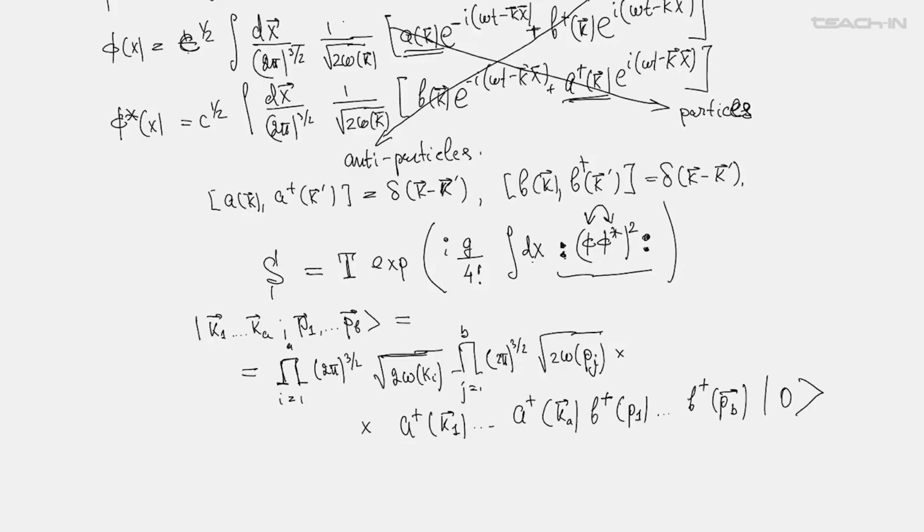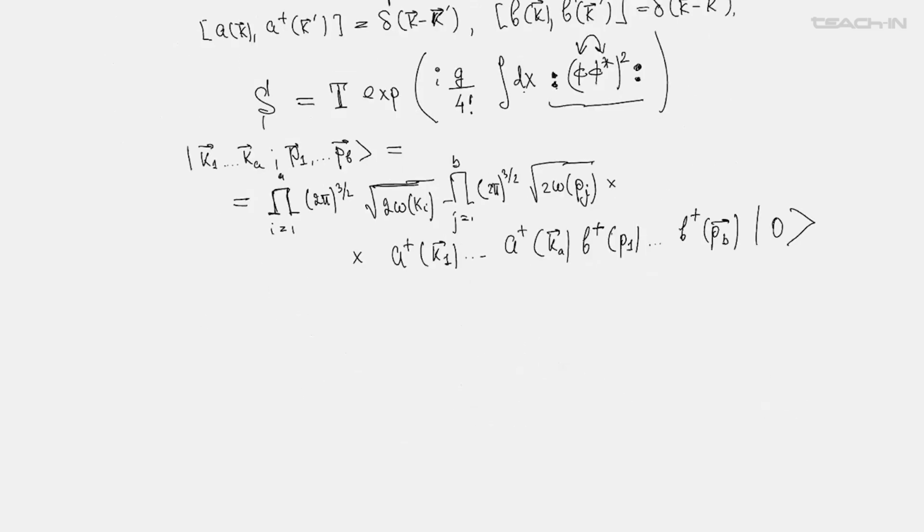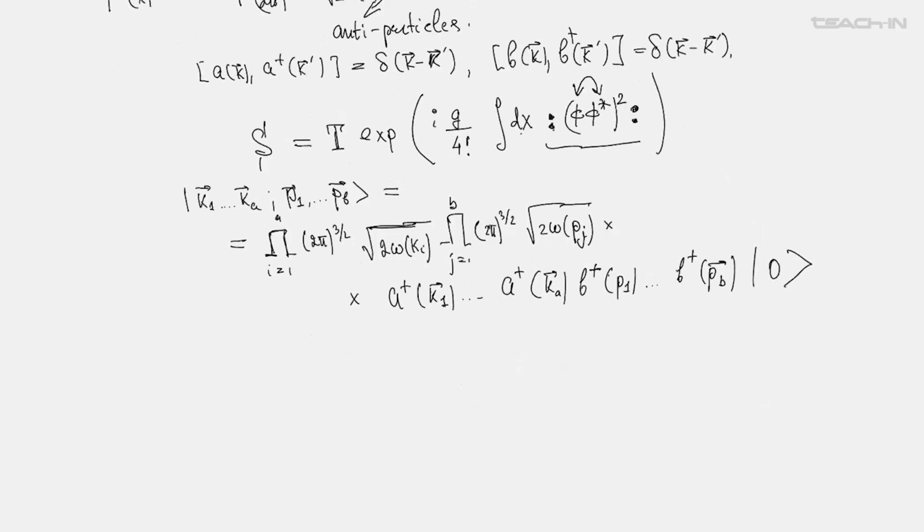Now we take this S matrix and expand it in powers of this interaction term, which essentially means that we are expanding in powers of G. So S first starts from the identity, then there will be first order, second order, and so on.